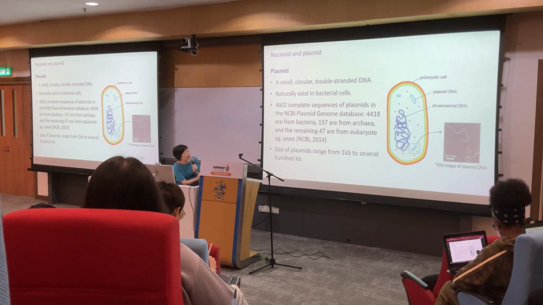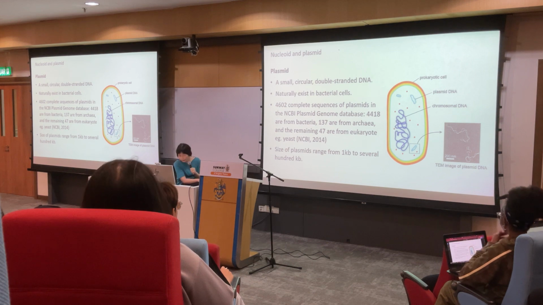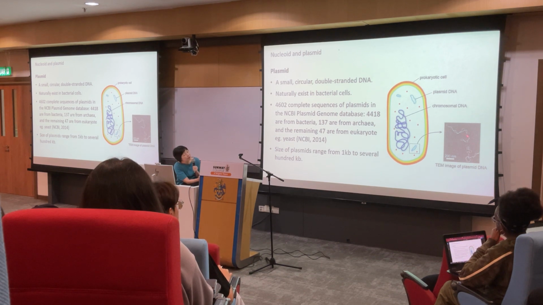A plasmid can be 1 kb to several kb. As I mentioned earlier, the plasmid can also be used as one of the tools for recombinant DNA techniques. This is just a diagram of the plasmid.